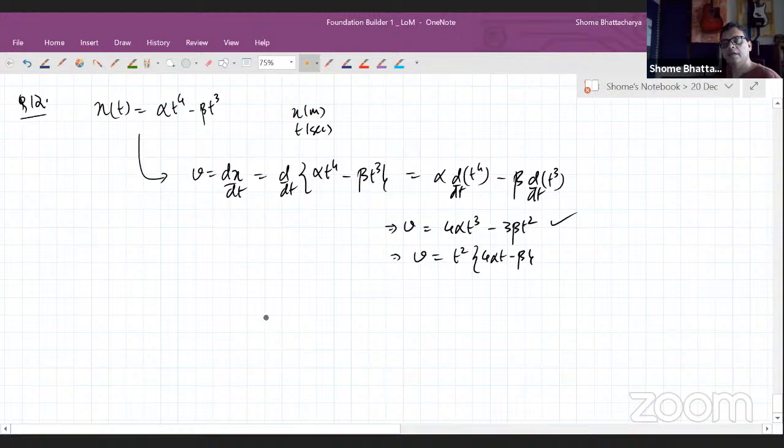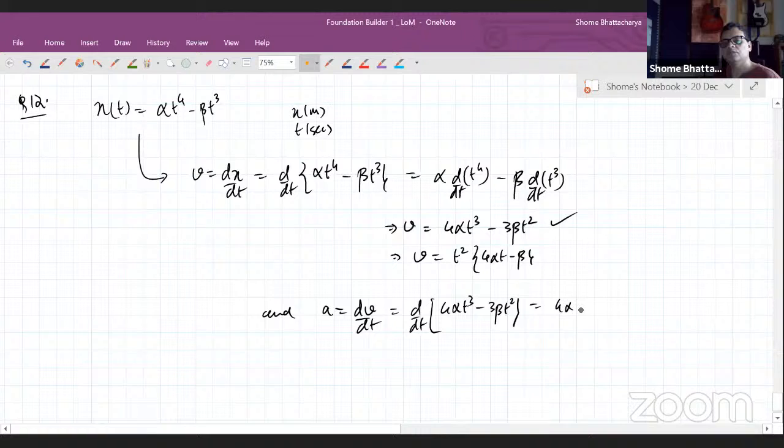And acceleration we'll get by differentiating this once more. So same thing: 4 alpha into differentiation of t cube minus 3 beta into differentiation of t square.